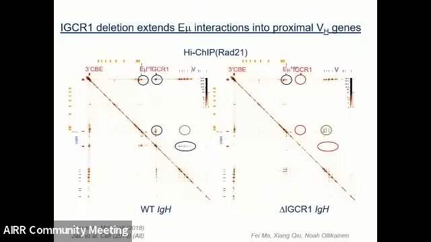They go away. These are loops between the IGCR1 and the proximal Vs. They go away. But instead, the enhancer now begins to interact with the proximal Vs and so forth. So what has happened is that one has altered the configuration from interactions of the enhancer with the IGCR with these regions to the enhancer, which is one of the reasons that I started by saying that the enhancer nucleates or drives the configuration of the locus.